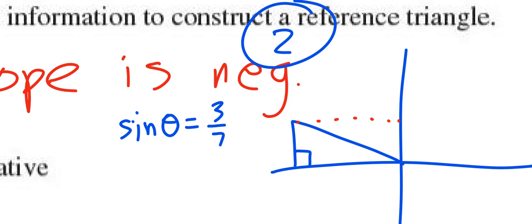Okay, so I'm good. I did the right kind of triangle. Okay, so if they told me that the sine is 3/7, which side should I label 3, and which side should I label 7? 3 is which one? Right, we got opposite hypotenuse, don't we? So 3 and 7.